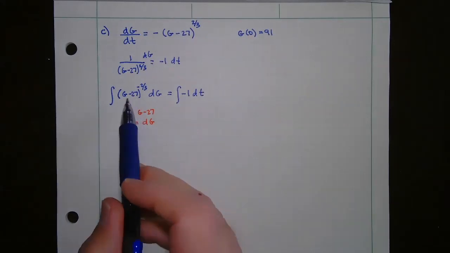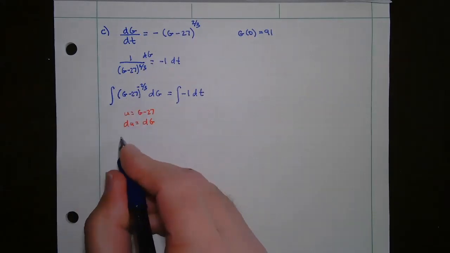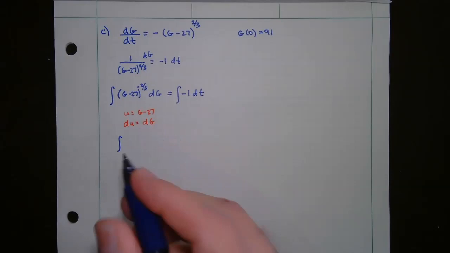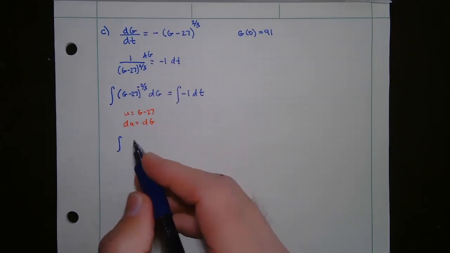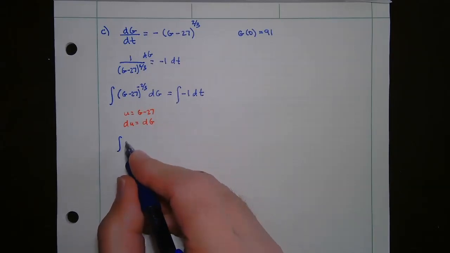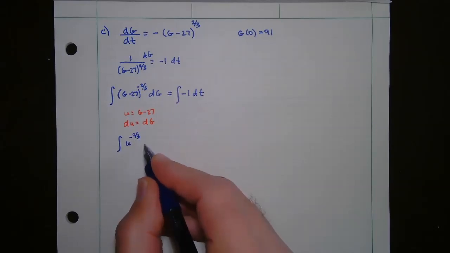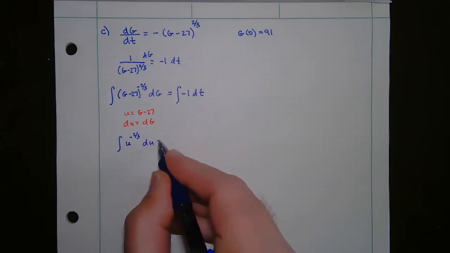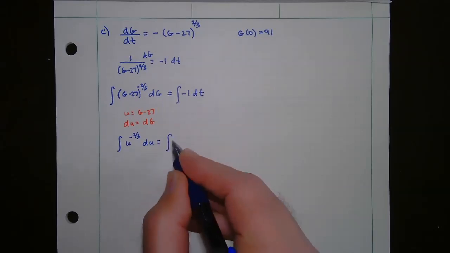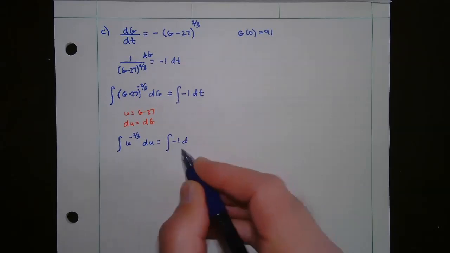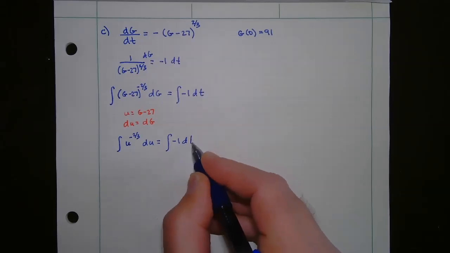And so then this is u to the -2/3. You wouldn't have to do a u substitution on this; you could just do it mentally. So this is the integral of u to the -2/3 du equals the integral of -1 dt.